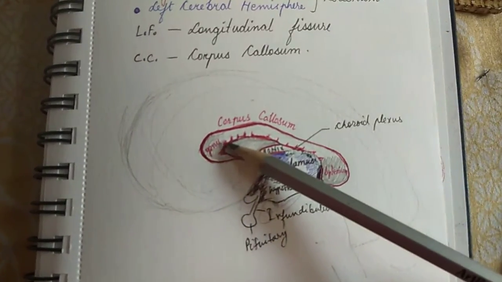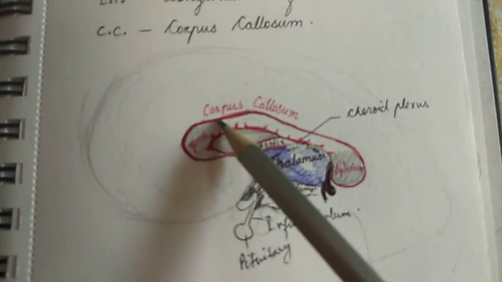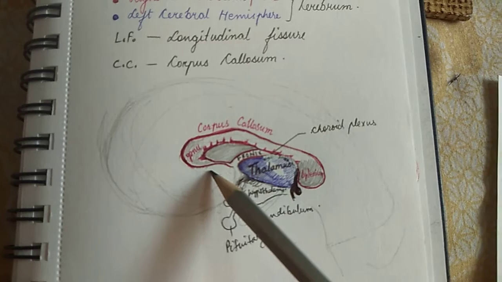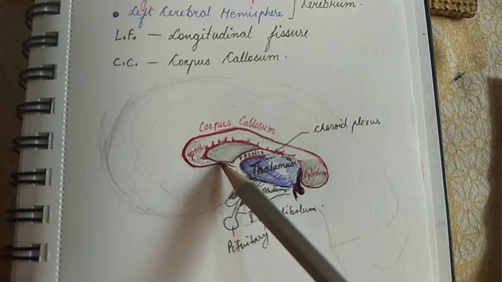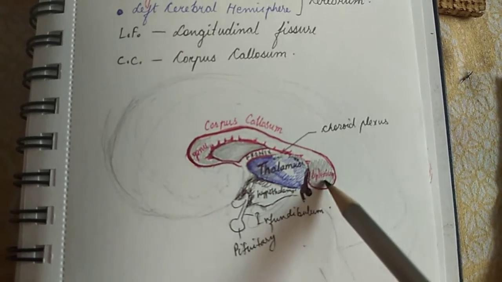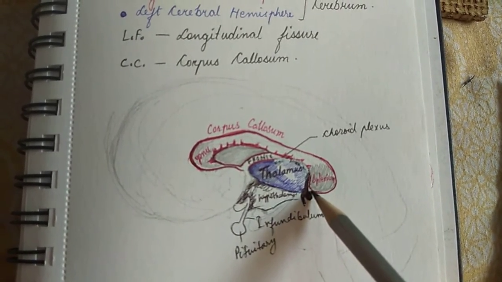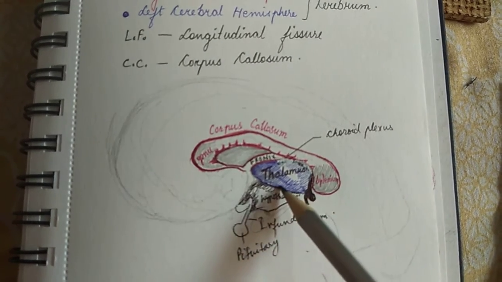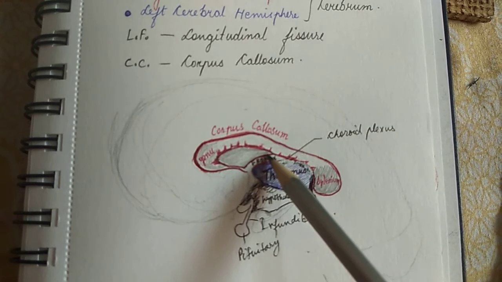Anteriorly, the corpus callosum folds back to form genu, and posteriorly it folds back to form the splenium, which further joins a fibrous strip called fornix.